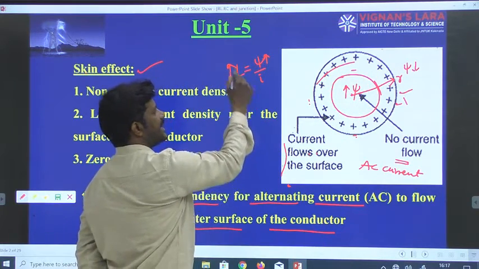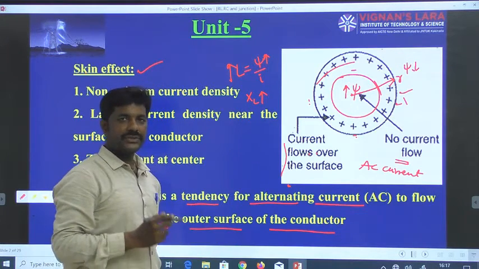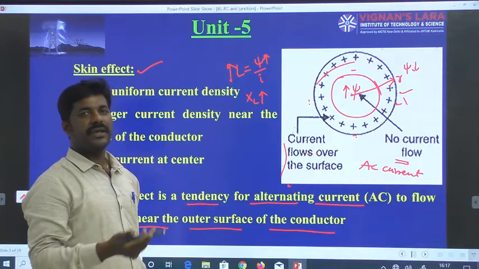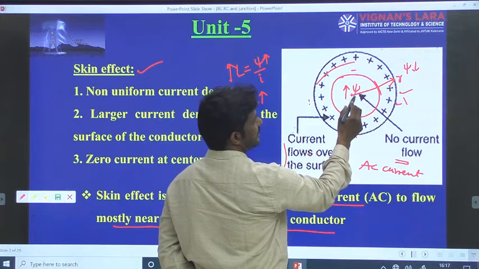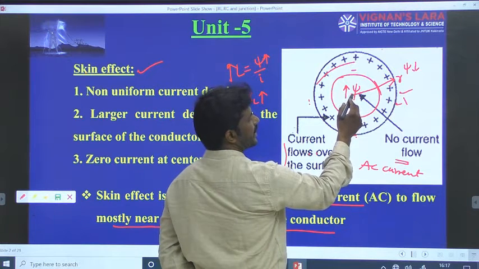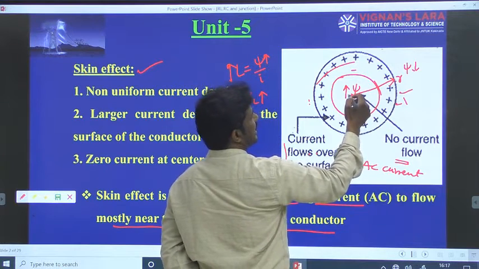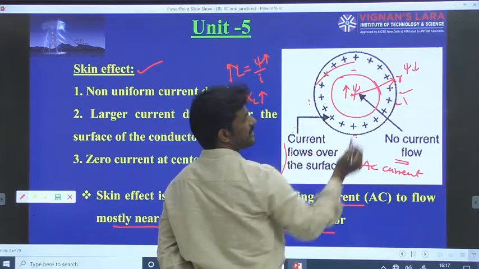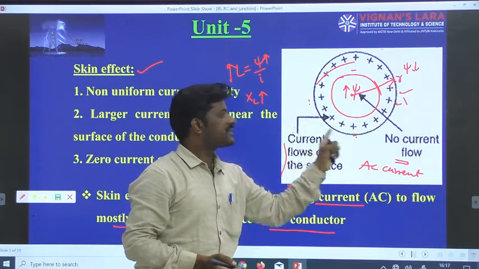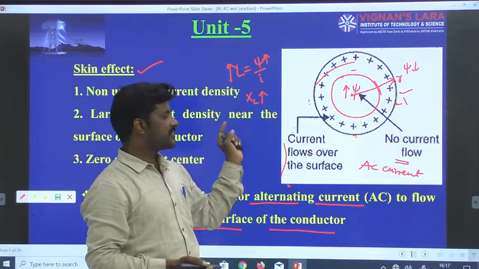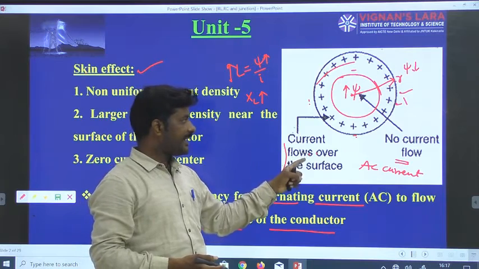Since inductance is high, the inductive reactance will be more. As the inductive reactance is more, obviously the ohmic value is high. That is why a small amount of current or 0 current is available at the center of the conductor, and as the radius goes on increasing towards the outer surface, the ohmic value slowly decreases, so that the entire magnitude of the current is available at the surface of the conductor whenever it is carrying AC current.